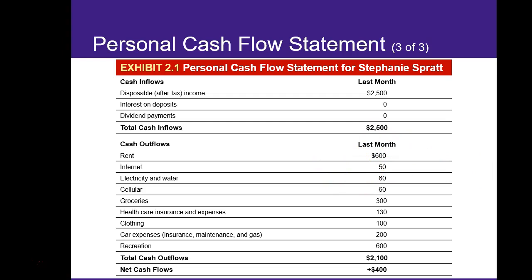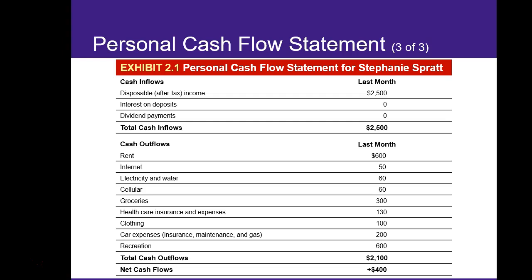Next, we're going to list all the expenses that took place during the month. So now record keeping becomes very important. You want to make sure that you keep track and document all of your expenses for the appropriate time period. So we listed expenses for rent, internet, groceries, car expenses, recreation, etc. Her expenses totaled $2,100.